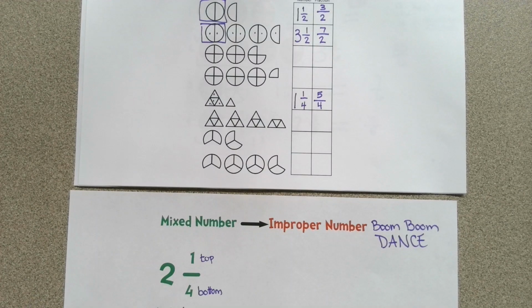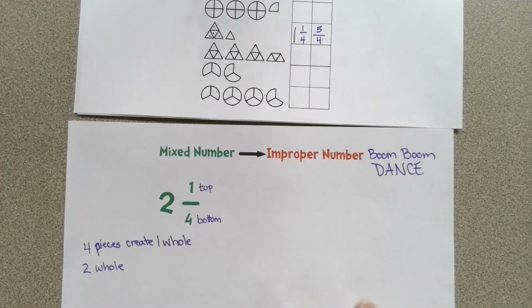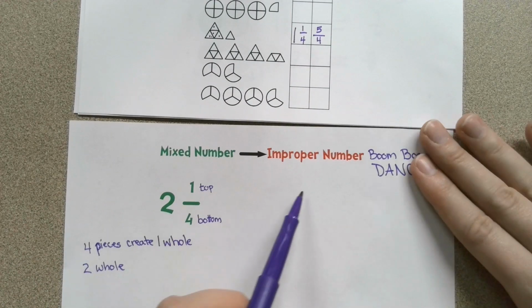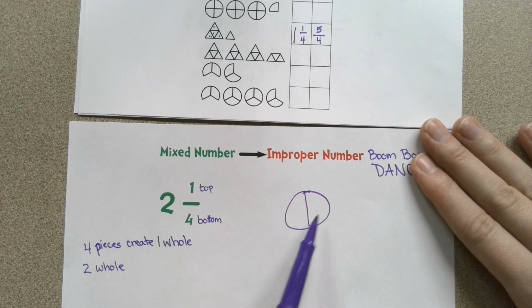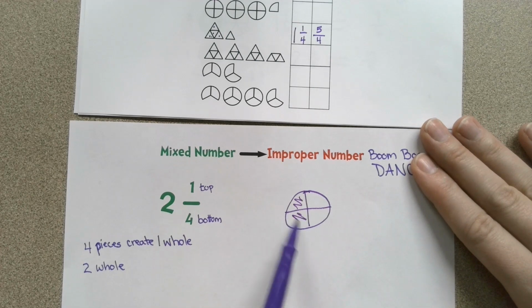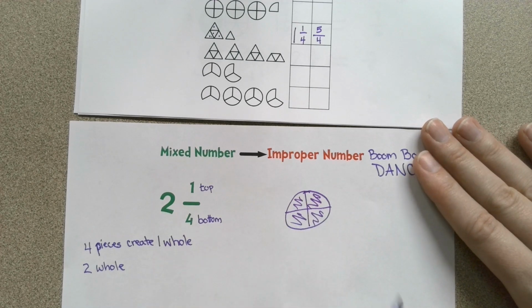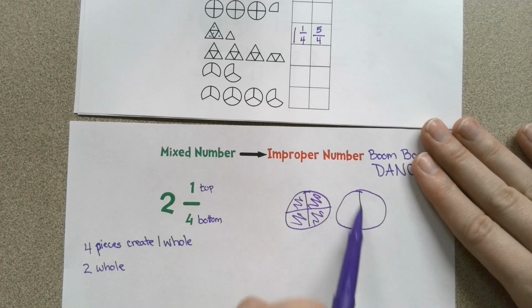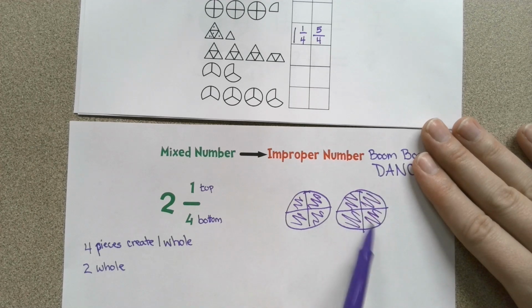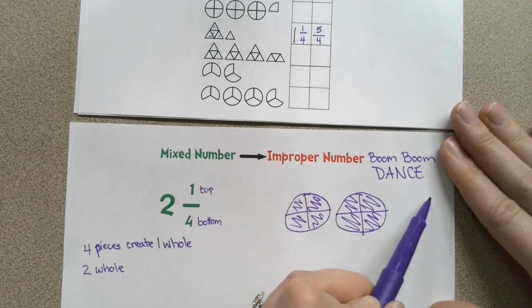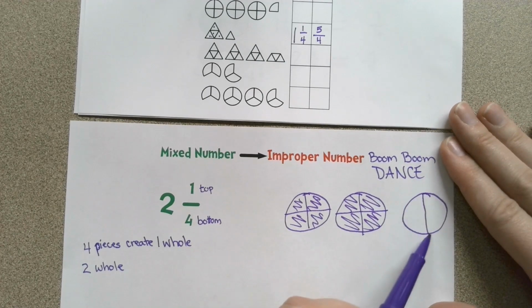Okay? There are 2 whole figures. So between these two, we have 4 pieces and 1. So it's like we have 4 pieces here. 1, 2, 3, 4 pieces in that one. We have another 4 in this one. 1, 2, 3, 4. And then we have 1/4 of the next one.